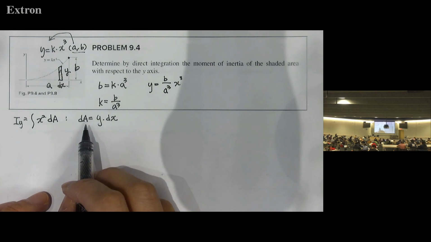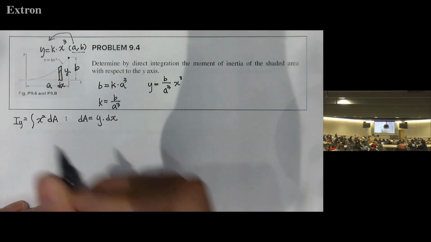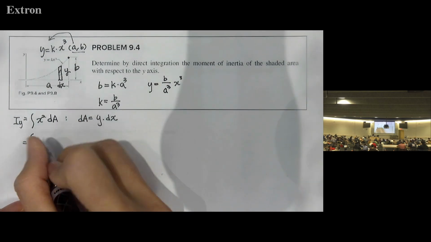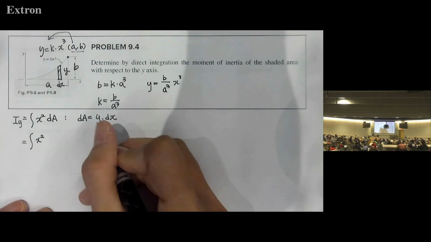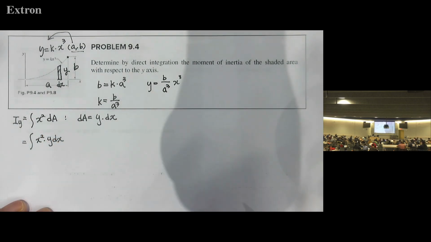Okay, so now we found the A, so let's use this equation to find IY. So integral x squared times dA, y dx.